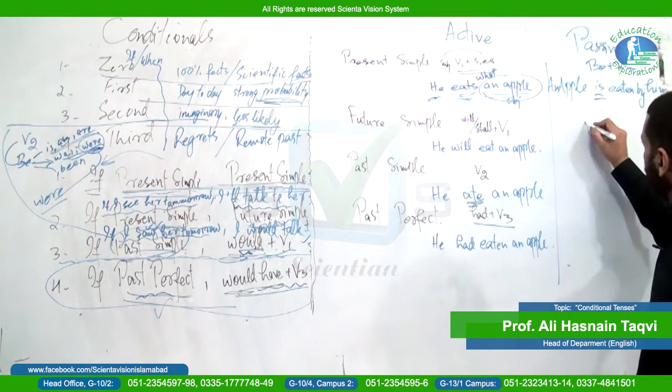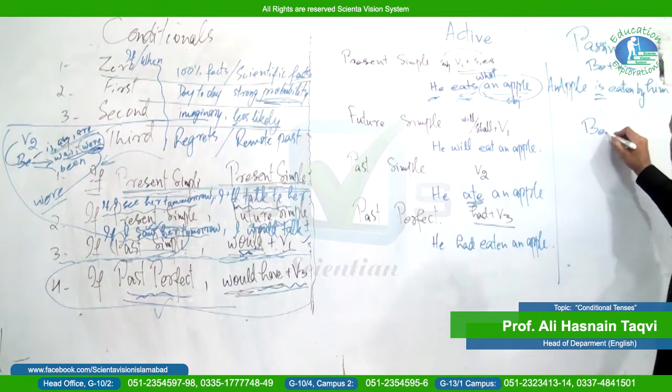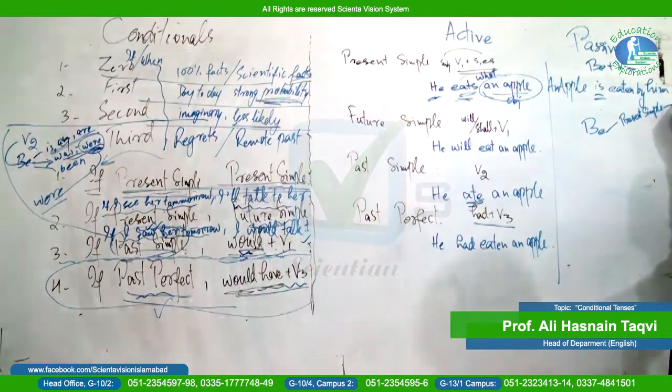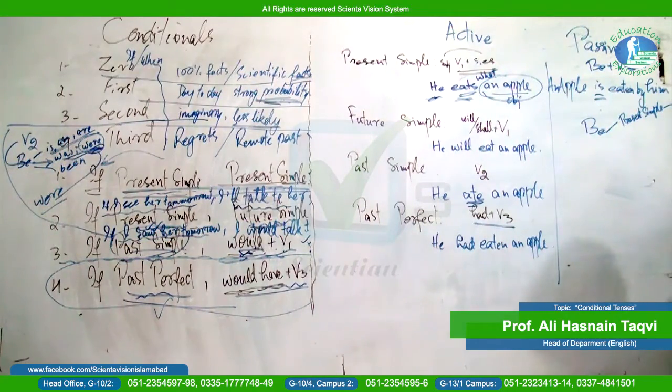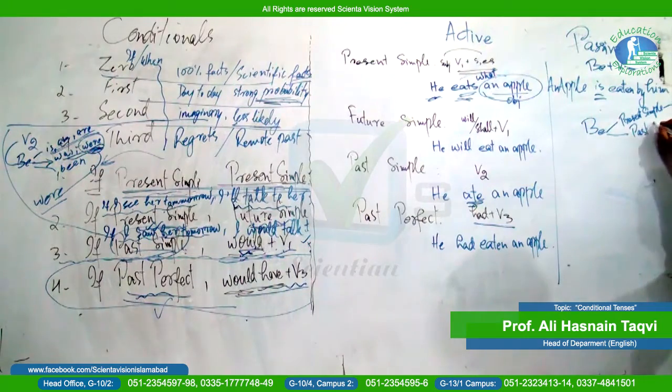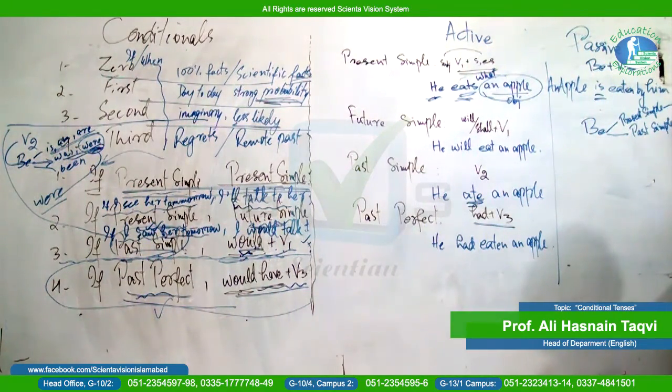Knowing be forms, let's talk about them again. For present, let's say present simple, it is is, am, are. For past simple, it is was, were.